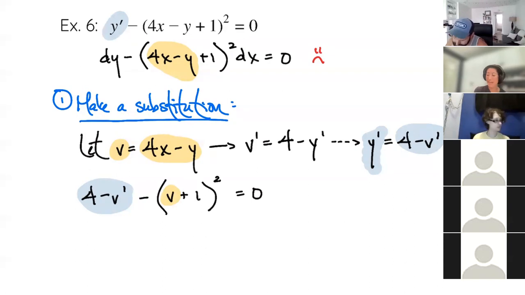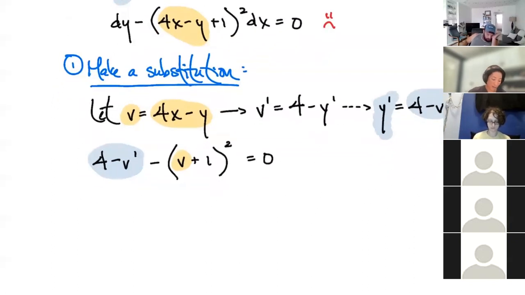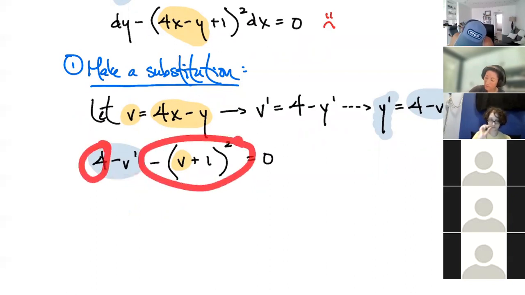Now, if you're wondering where that dx went, we really hit it with the v prime. V prime is really dv dx, and so we sort of grouped it in there. Now, from here, I bet we can start to unpack this a little bit. So we're going to go ahead and get v prime by itself. We're going to isolate v prime, and so it'll equal 4 minus (v plus 1) squared.